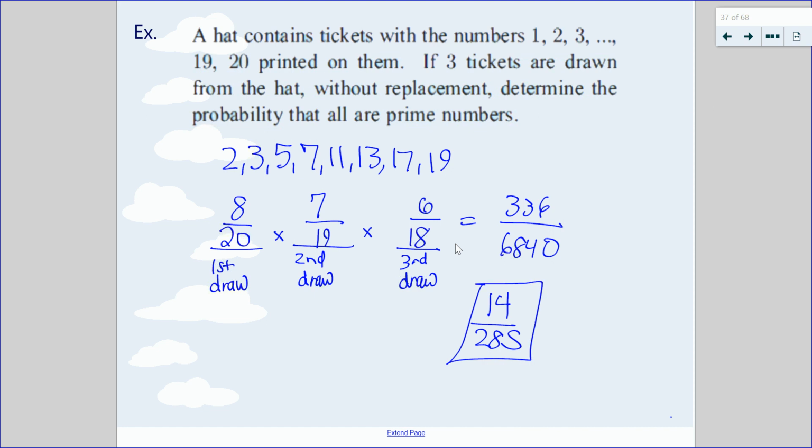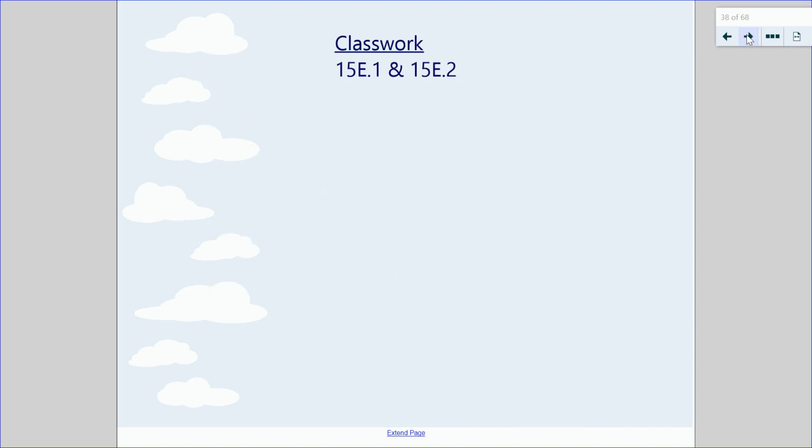Crazy, crazy. That's the reduced fraction. Okay, so in class, until the end of class, you will work on this. And I will see you at graduation.